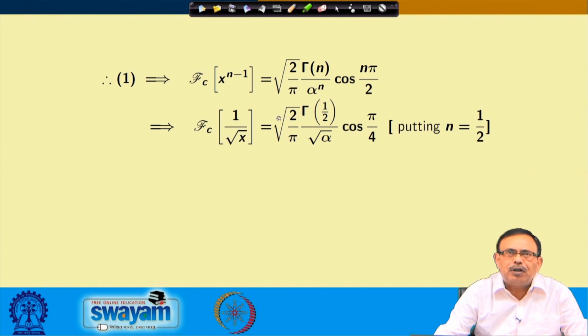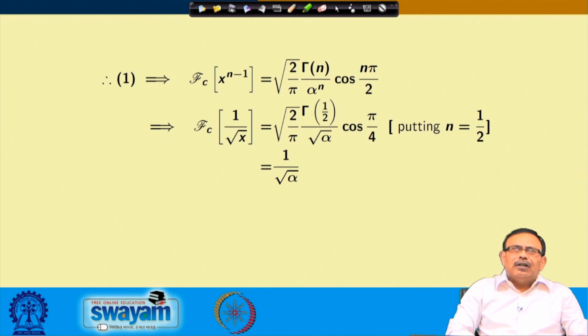I have to substitute it in this Fourier cosine transform of x to the power n minus 1. By putting n equals half, I am getting root over 2 by pi, gamma half by root over alpha into cos pi by 4. Now, substitute the value of gamma half and cos pi by 4, and these terms will be cancelled. Root over pi will come for gamma half, and cos pi by 4 is 1 by root 2.